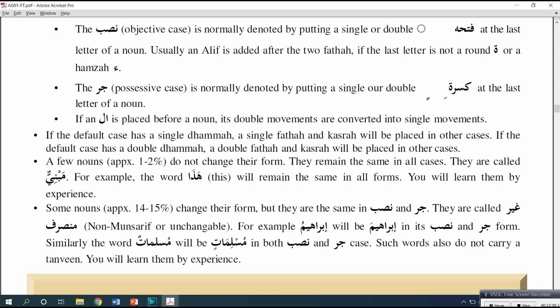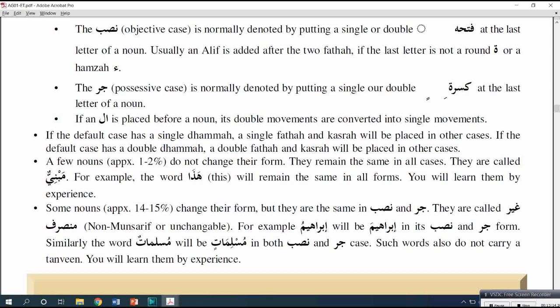But if it is double, then you have to use double. Whether it is kasara or fath or jarra, you have to use double if the start is double. If the start is single, then you have to use single only. So the rule is this one.